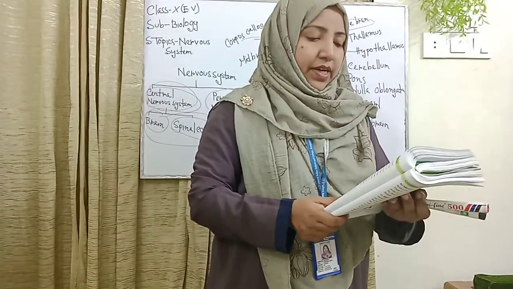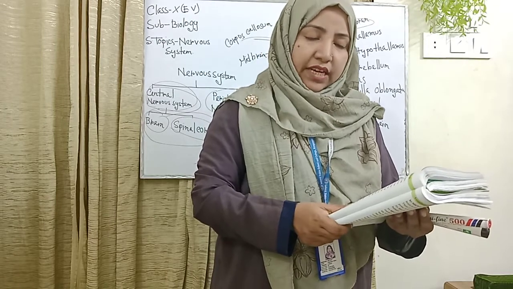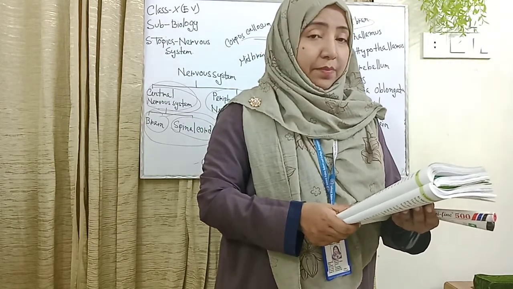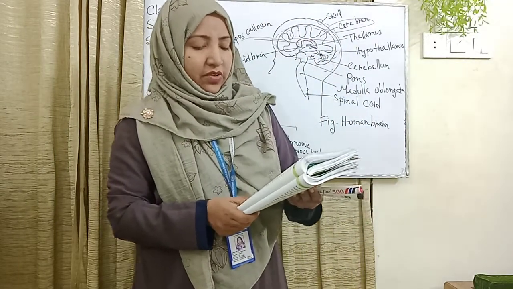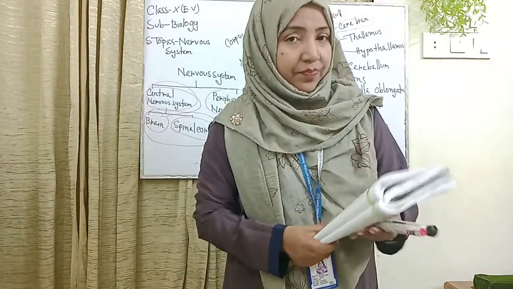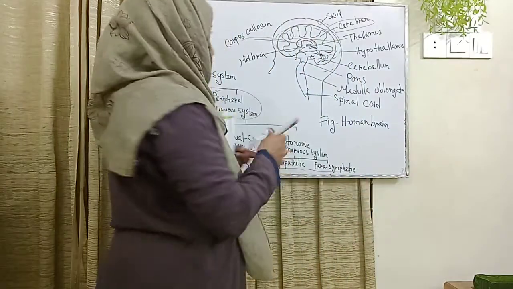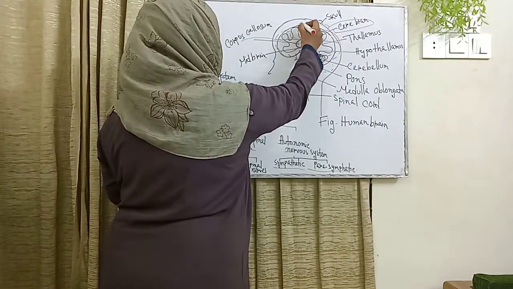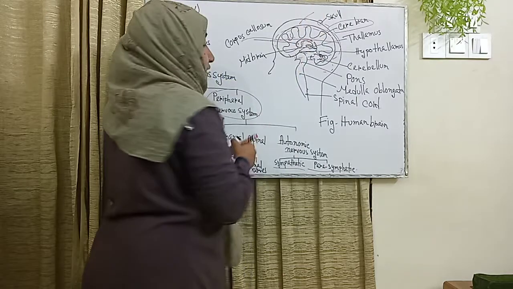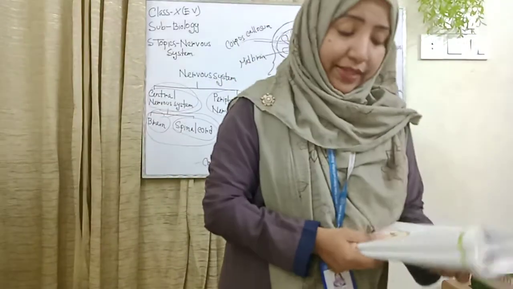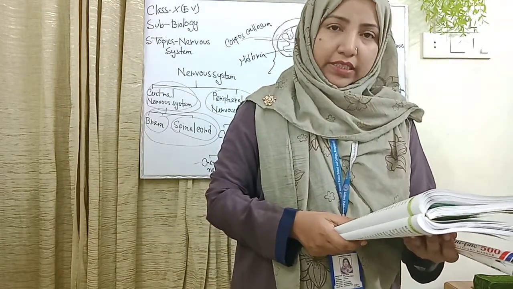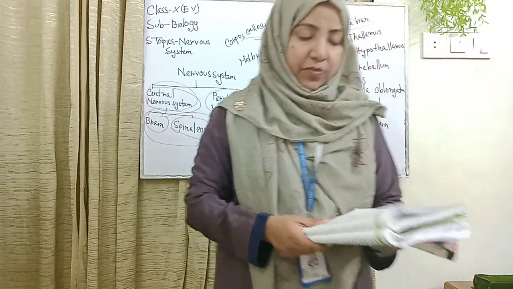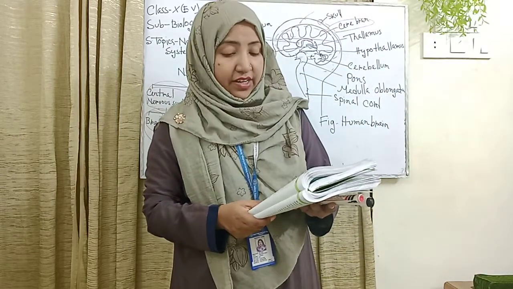The exterior surface of the cerebrum is named the cortex and is composed of numerous neurons and is gray in color. So, what is the cortex? This upper structure is the cortex, and the exterior surface of the cerebrum is composed of numerous neurons and is gray in color.